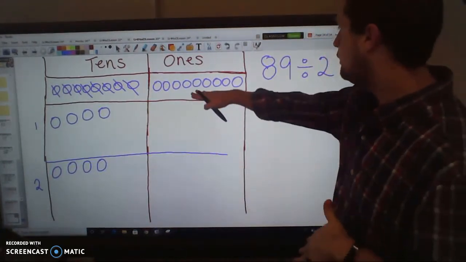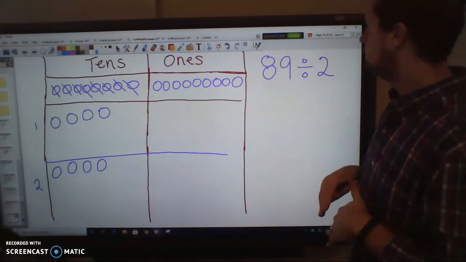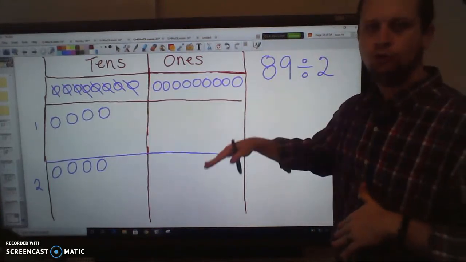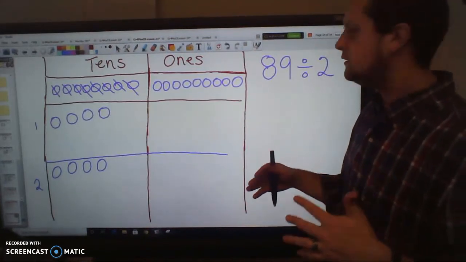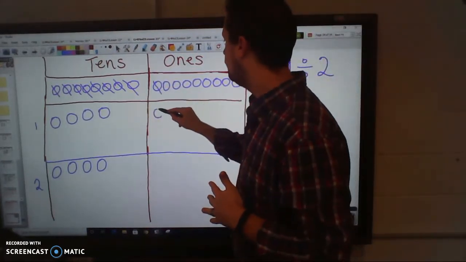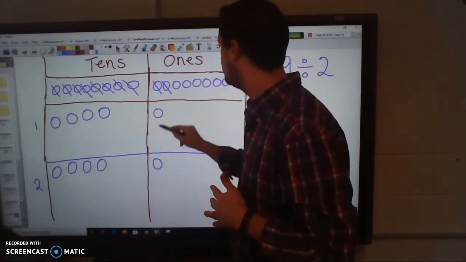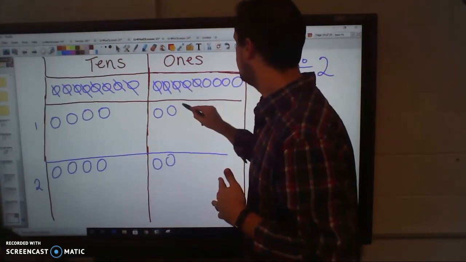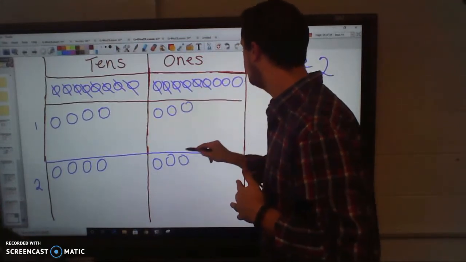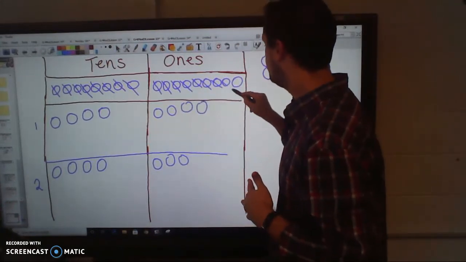Okay, so now I'm going to go to my 9 ones. And again, I'm going to divide them into 2 groups evenly as much as I can. So take away 1, add 1. Take away 1, add 1.